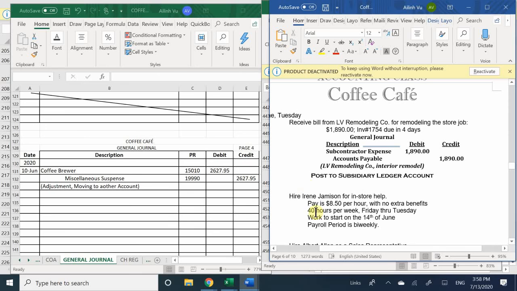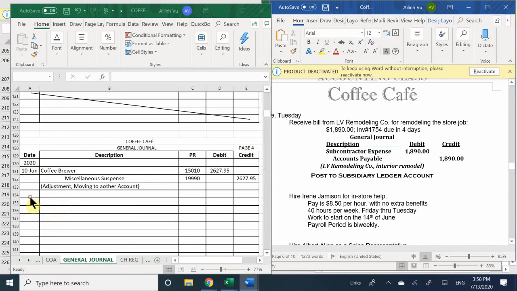Okay, so let's go ahead and journalize this because they sent us a bill. We're not going to pay it in advance. We're not going to pay it now. We're going to pay it later. And it's for the 11th, okay? Here, 6/11.